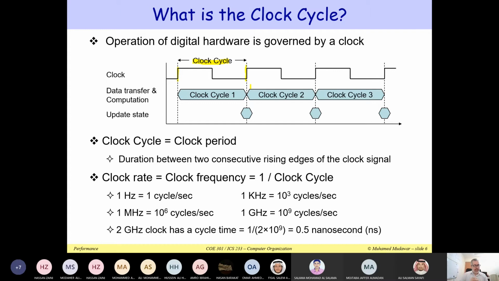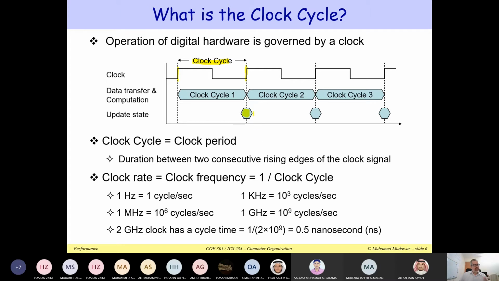Now, during one clock cycle, you can do a computation, or you can do a data transfer. You can transfer, let us say, data from memory into the CPU, or you can be doing a computation inside the CPU. And then at the edge of the clock, we update the state.